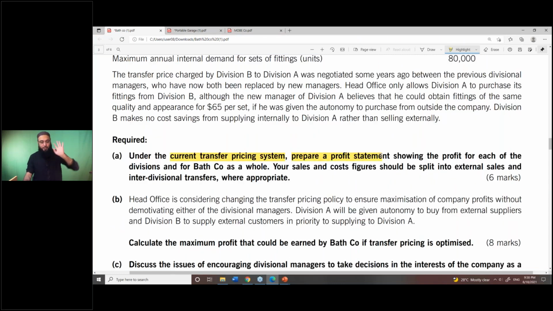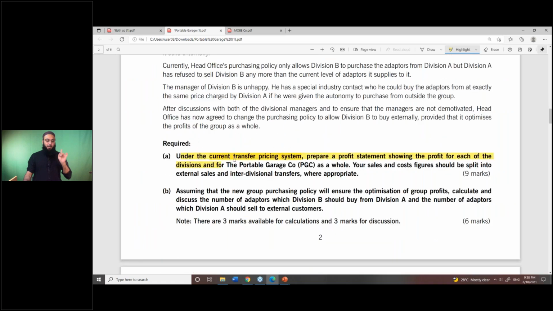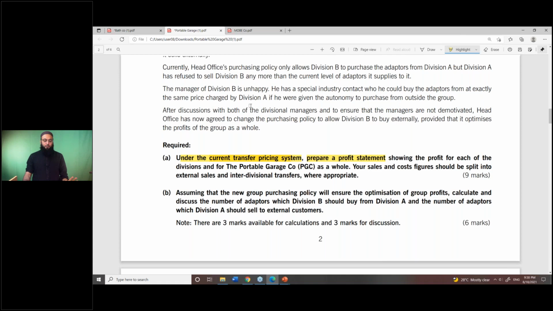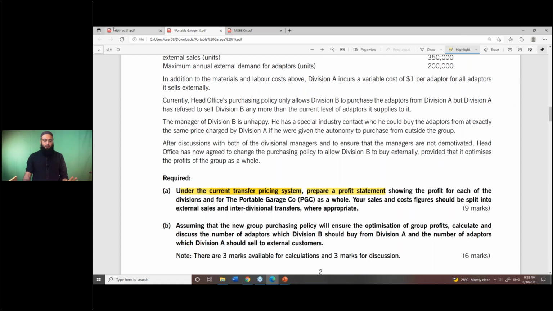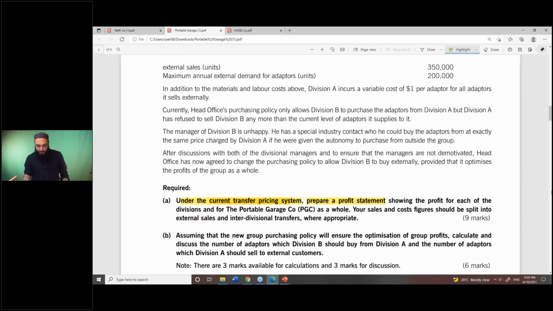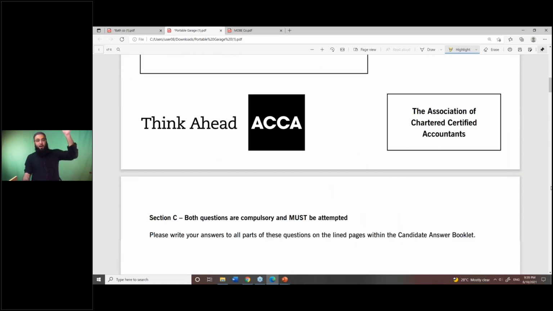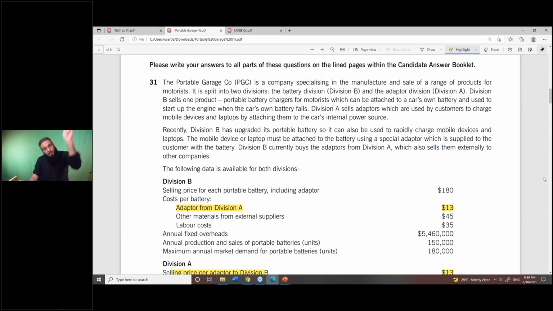Portable Garage also asked you to use the current transfer pricing system to prepare a profit statement. Two similar questions of transfer pricing. Can you imagine? This is a 2011 question and this is a 2018 question. After 2011, it repeated in 2018.